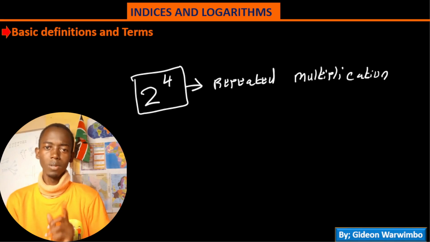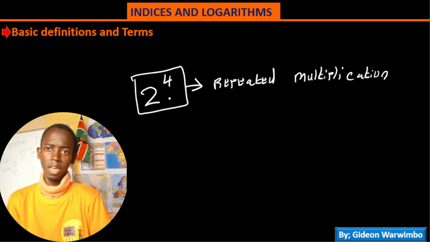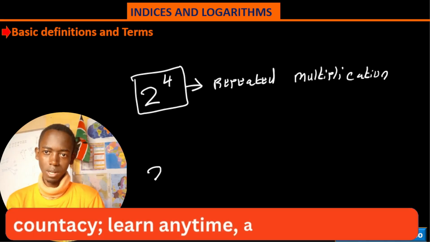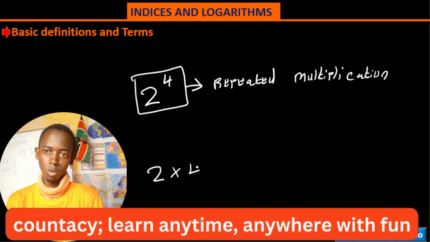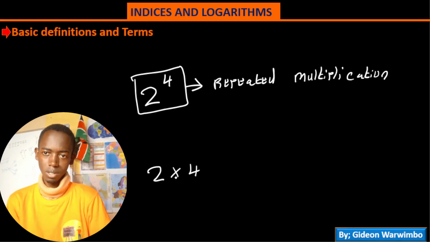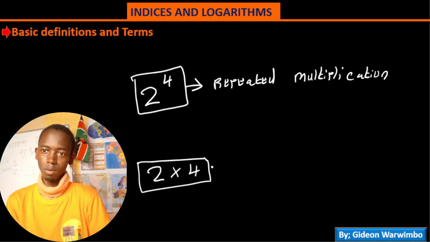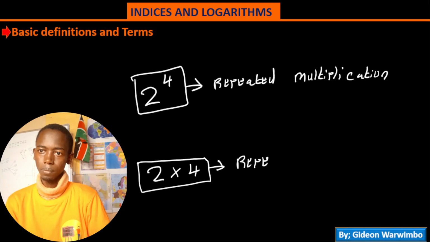But let me remind you something before we move on. If you had something like 2 multiplied by 4, you see there is a multiplication sign right there. This would be interpreted as a repeated addition. This is just to refresh your minds.